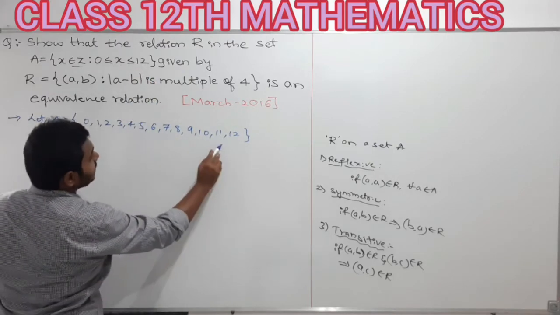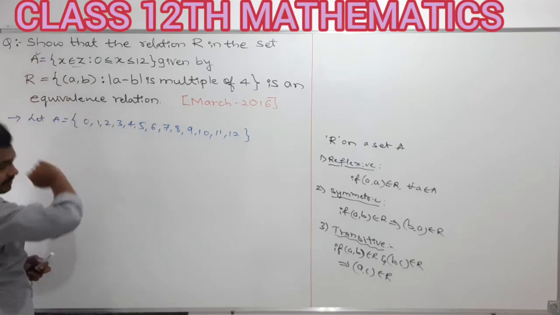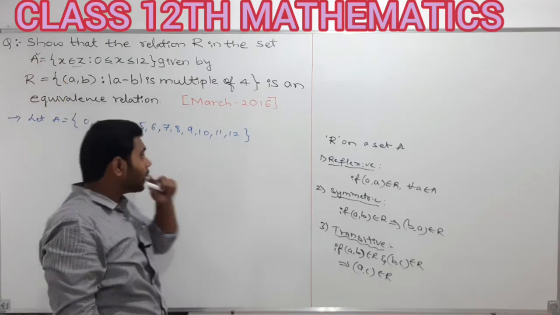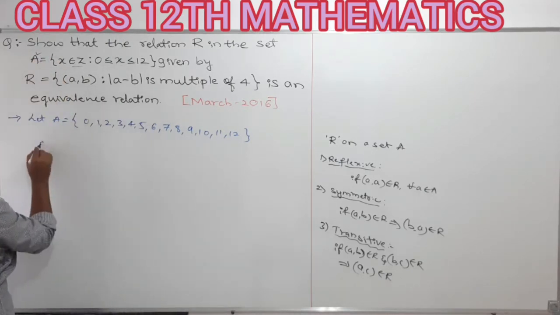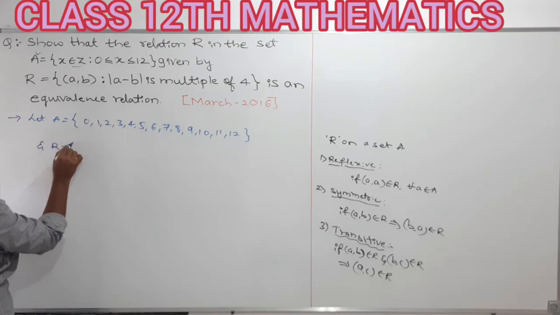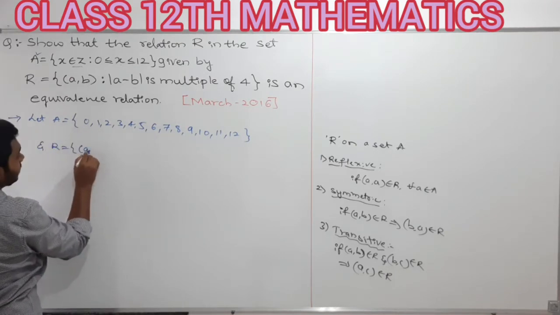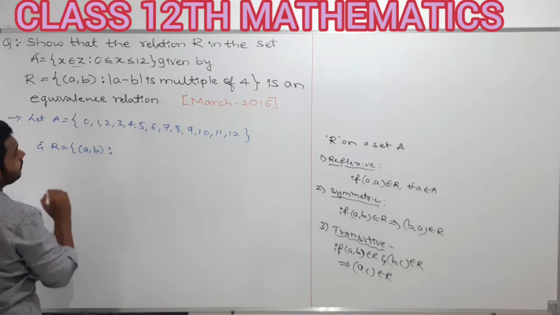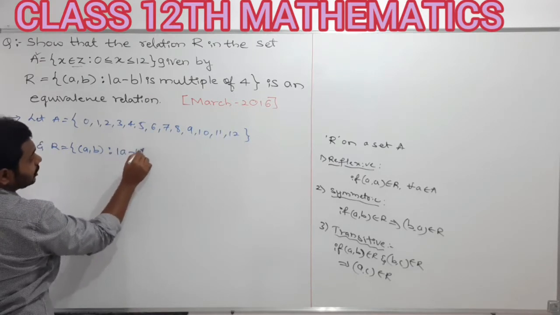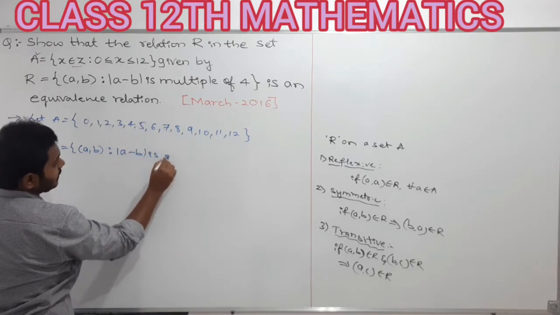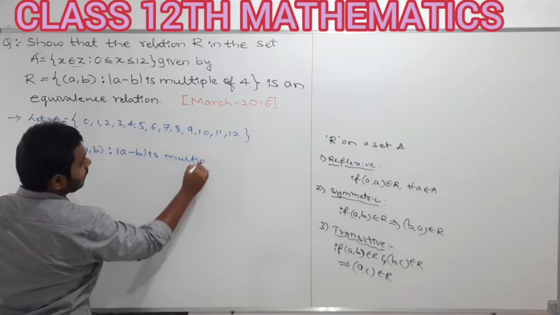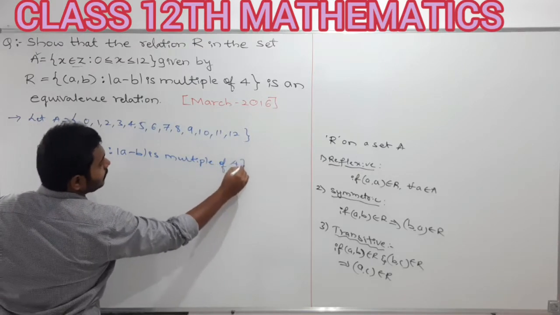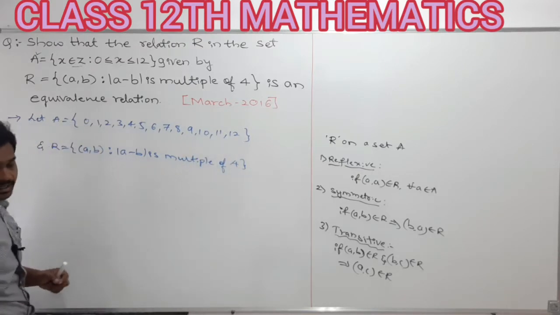So these are the integers contained in the given set A. Now, my dear students, R is equal to, what is the relation defined here? It is the collection of all ordered pairs such that modulus of a minus b is a multiple of 4. So this is the relation, my dear students.